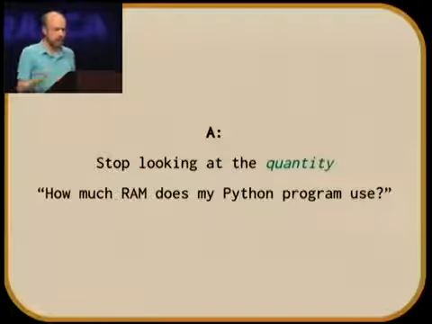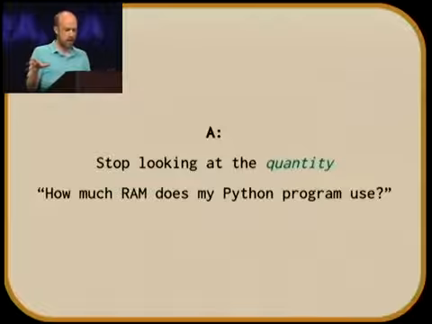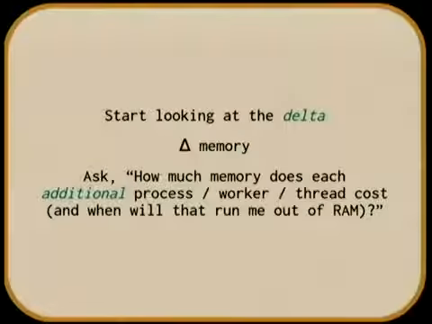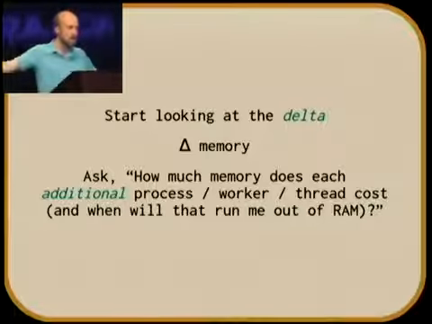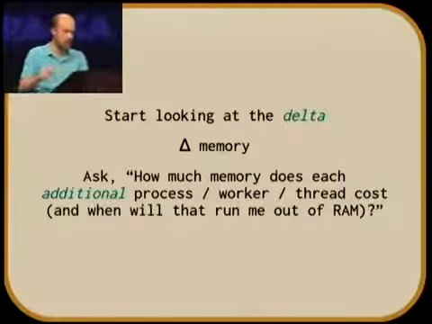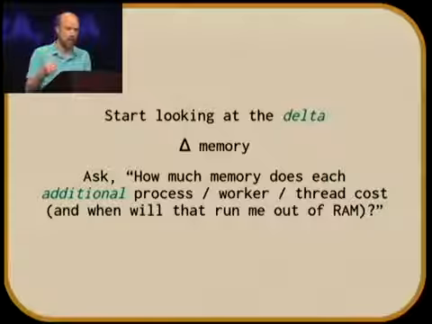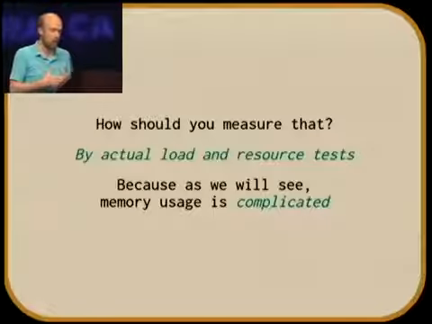The rule is that you have to stop looking for a single number for the quantity of memory they use, and start looking at the delta. You have to run 10 processes, 20 processes, 30 processes, and see how much additional RAM disappears from your system pool of memory as you keep increasing the number of workers running.